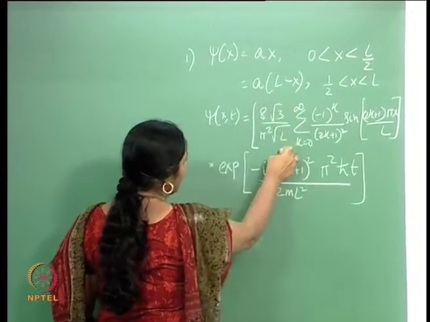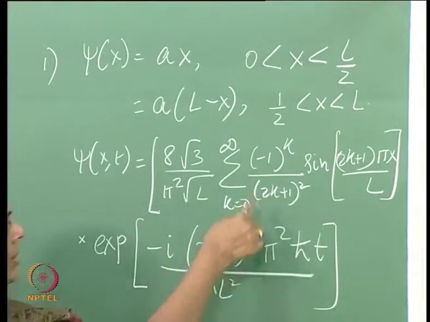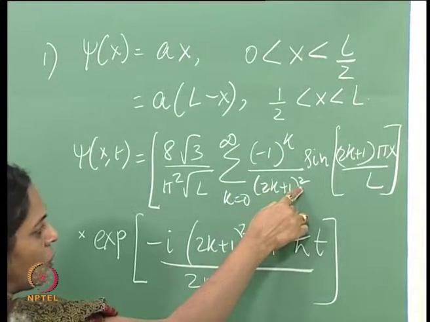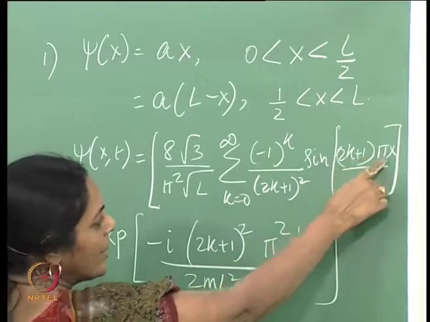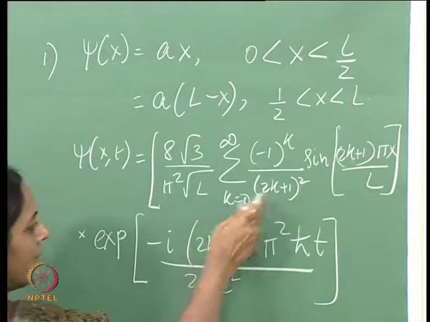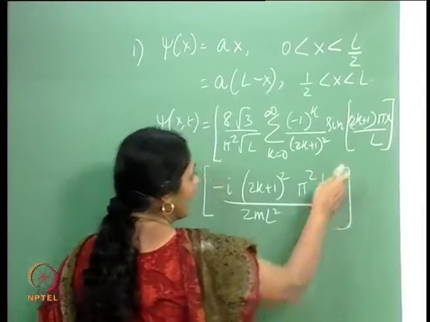Apart from a constant 8 root 3 by pi squared root L, there is a contribution minus 1 to the k by 2k plus 1 the whole squared sin n pi x by L. Note that contribution comes only when n is odd, and that is why I have written instead of n I have called it k, and therefore I have written 2k plus 1 pi x by L.